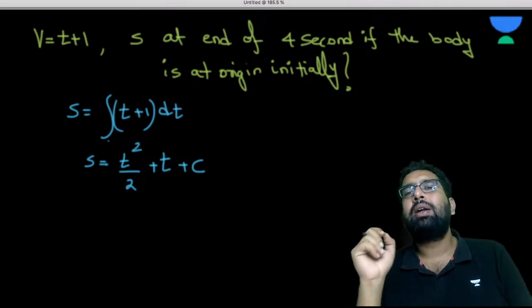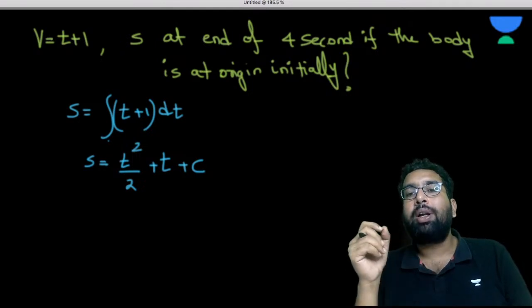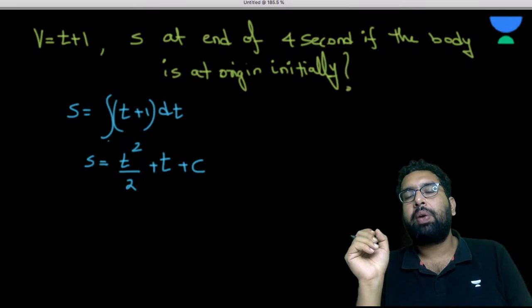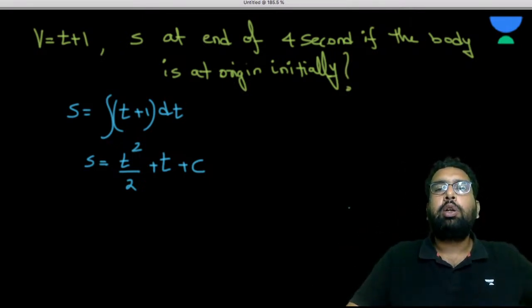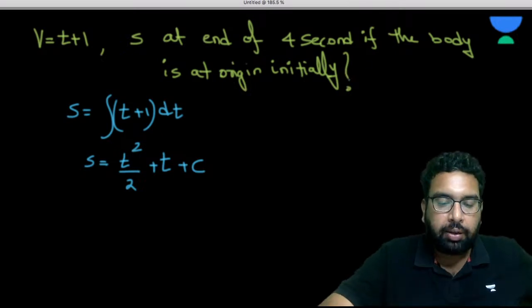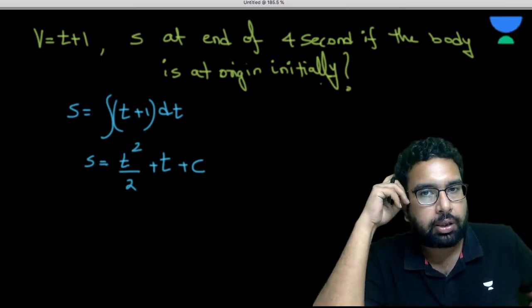Now, the body being at origin initially, what does that mean? See, this is the information given in the question to help you find the constant of integration.